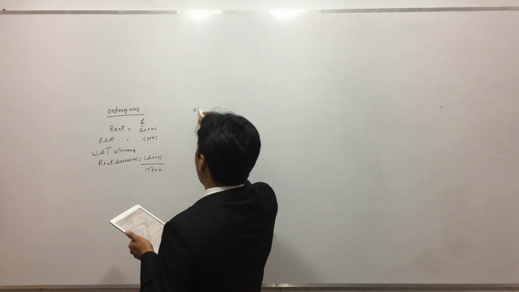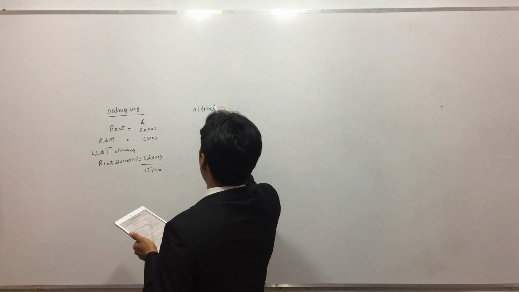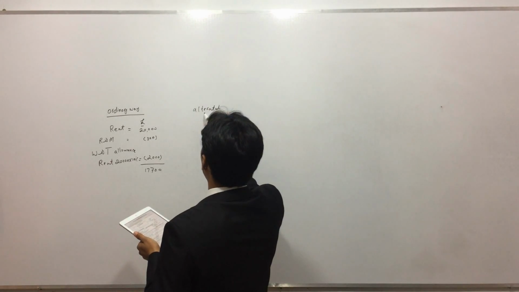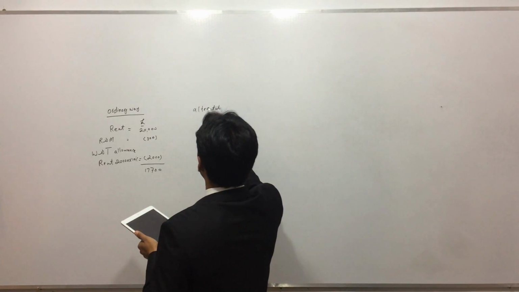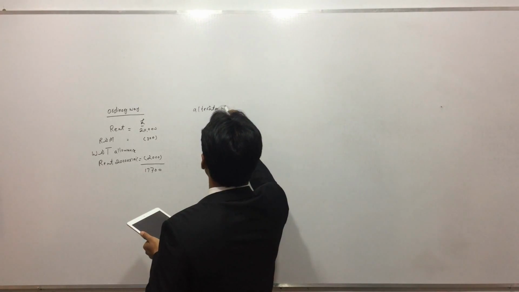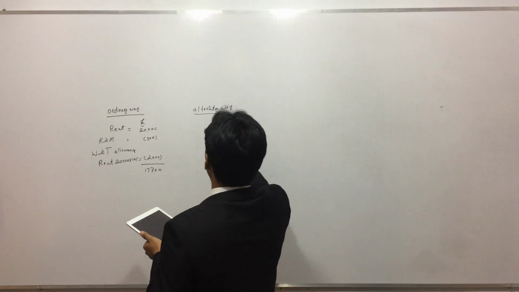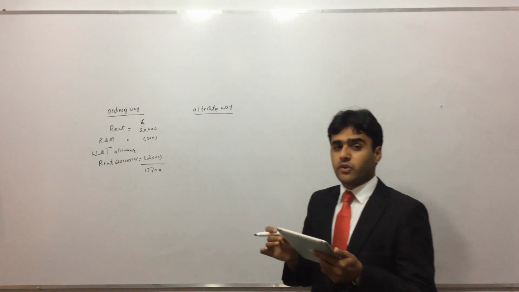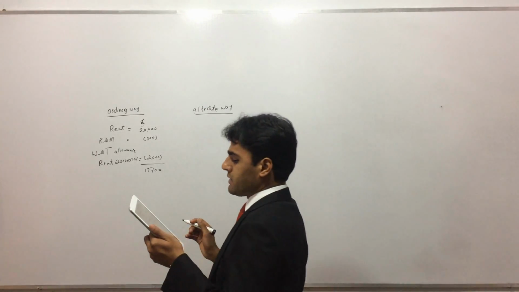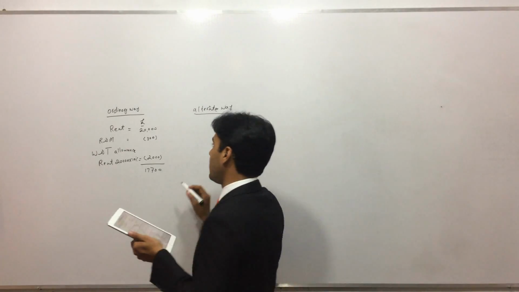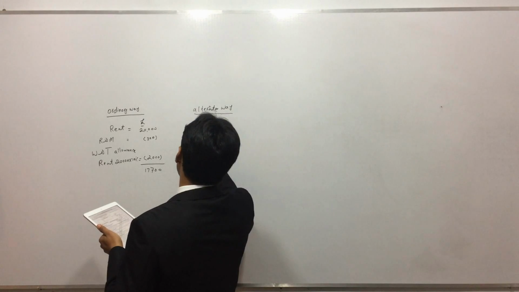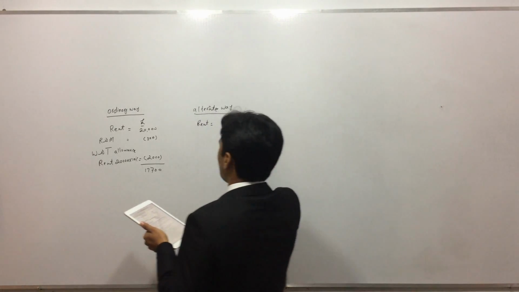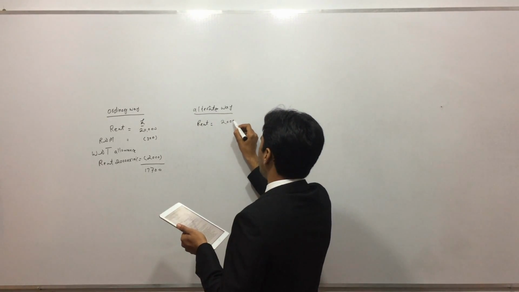Another way is the alternate way. So we must calculate that as well. Alternate way. So we must calculate in both ways, and whichever results lower, we must opt for that one. In the alternate way, it says we must take the rent first, but we cannot deduct the expenses. So how much is the rent? Rent is £20,000.